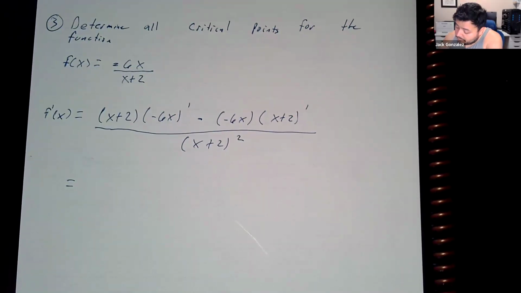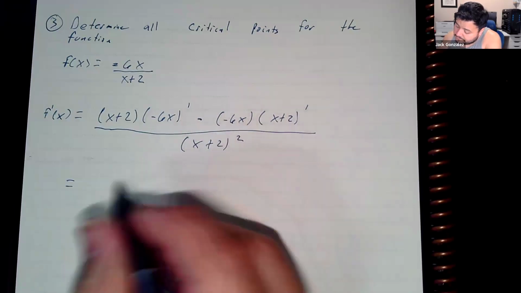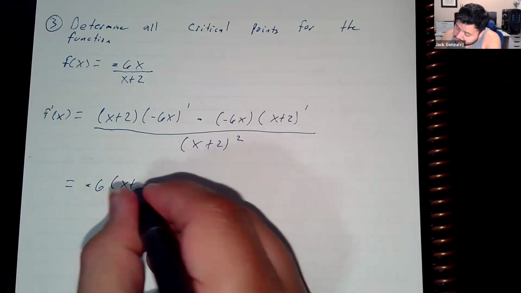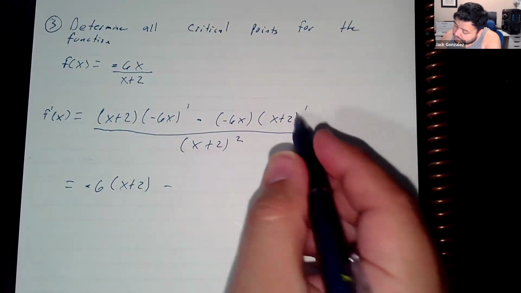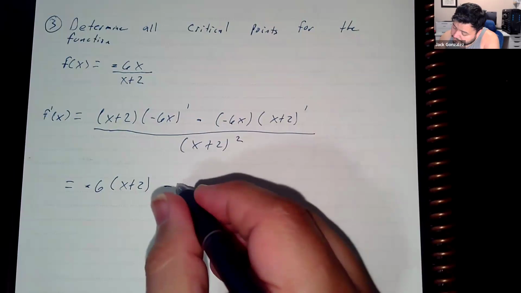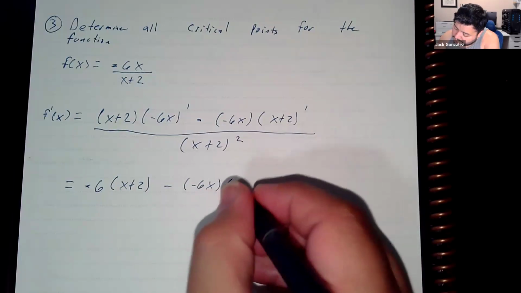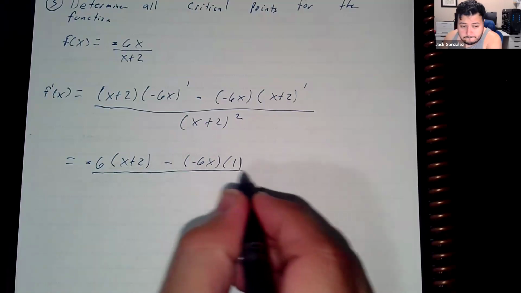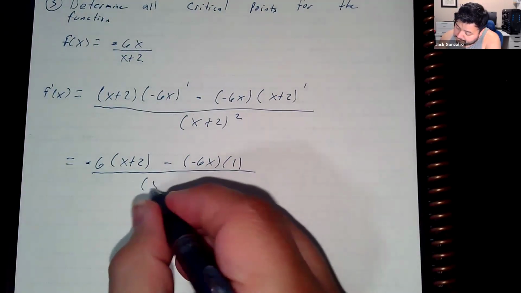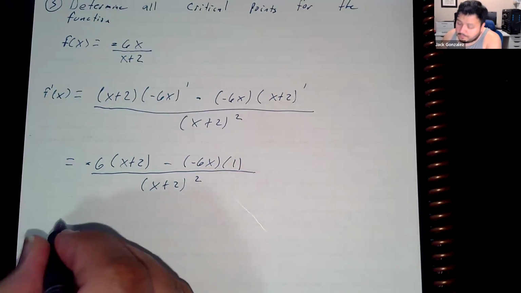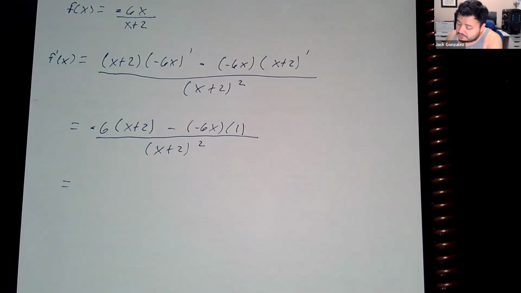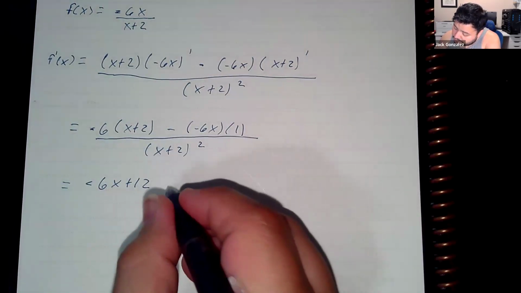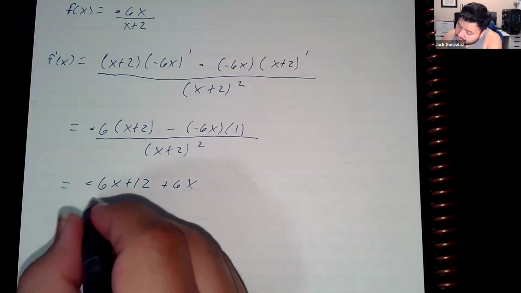All right. This will become -6. I'm just gonna put it in front because I like to. Minus, this would be 1, so it doesn't really make a difference now. Combine your like terms, multiply stuff out, you're gonna get -6x plus 12 plus 6x.